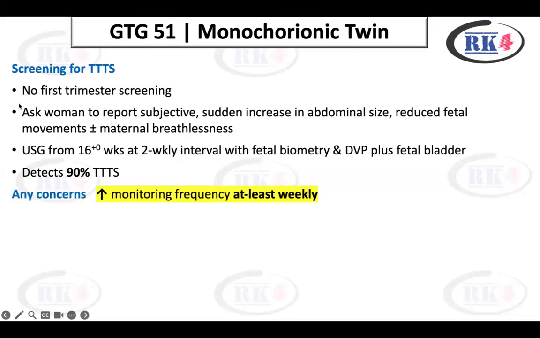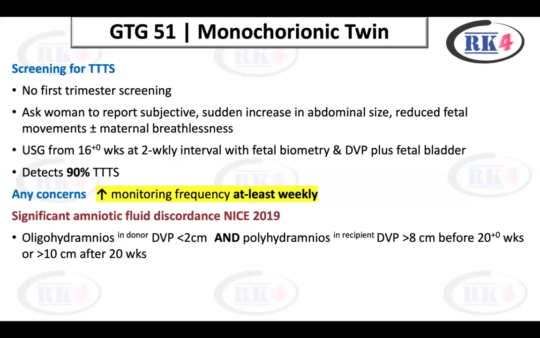Now, the guideline says that even though we are doing the monitoring two-weekly, if there are any concerns, you need to increase the frequency of monitoring to at least weekly. So what are the concerning features? This is quoted from the NICE 2019 guideline. Same thing: oligohydramnios in the donor and polyhydramnios in the recipient.